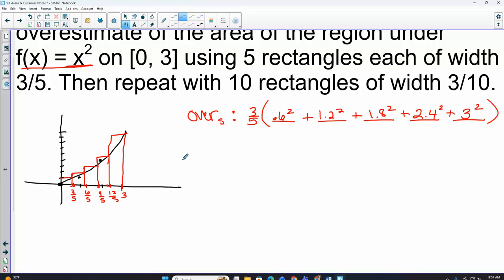So everybody grab a calculator, not something I say to you often in here. And plug in, what do we get for our overestimate?